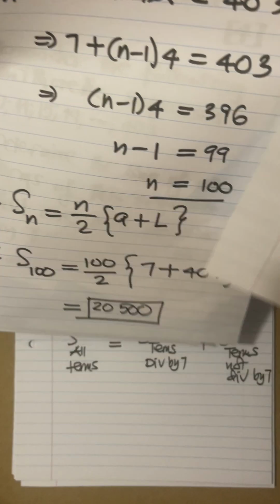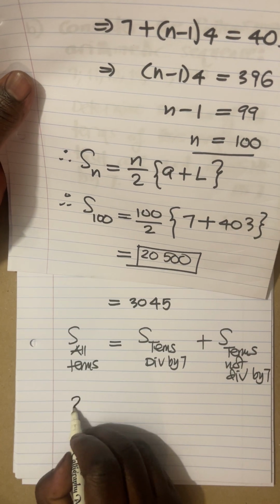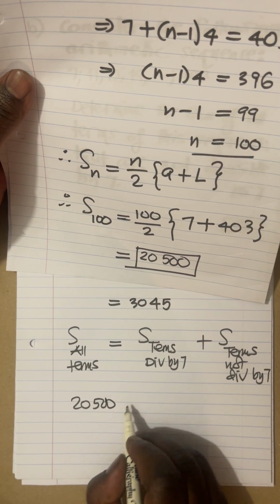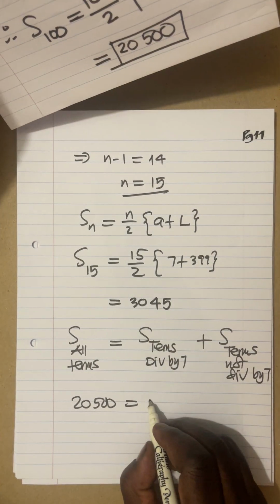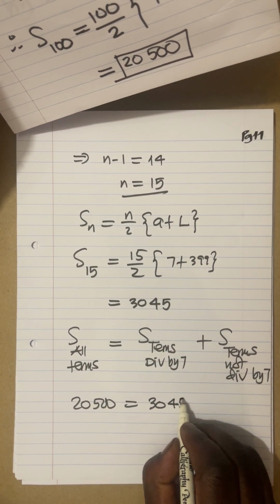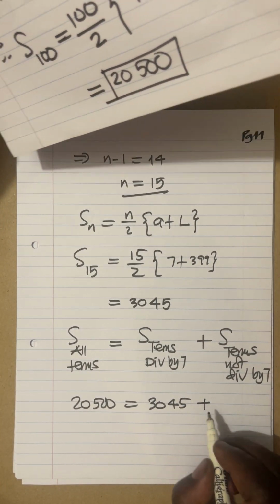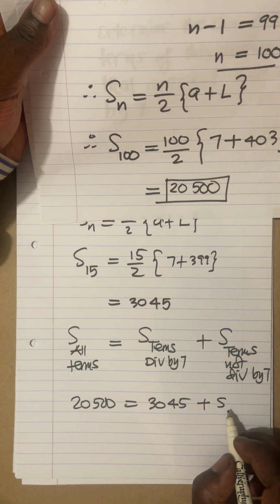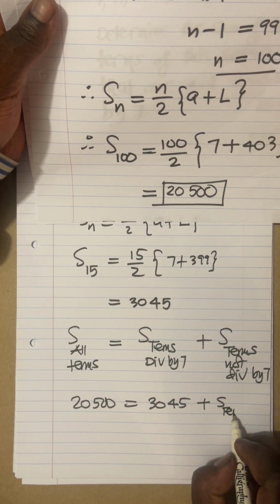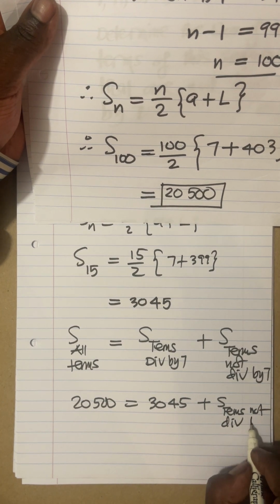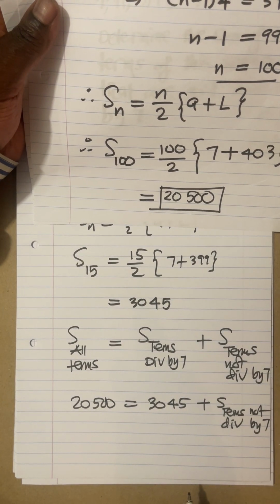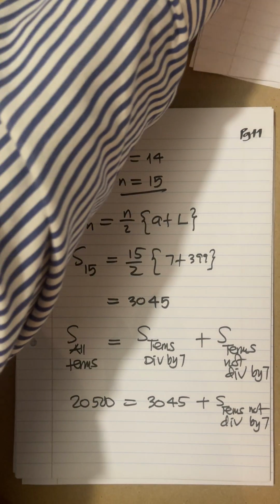Let me write it down. This is 20,500 is equal to 3045, and then we're going to say sum of terms not divisible by 7. You can clearly see that we have to just simply subtract.